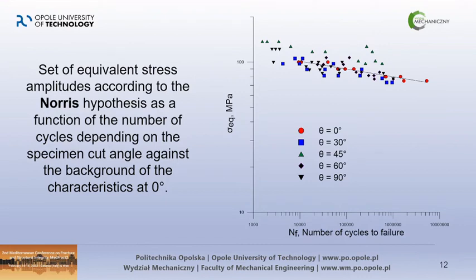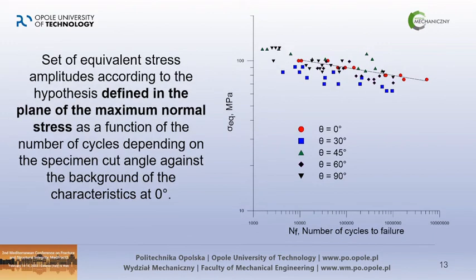Here exactly the same analysis has been done, but for the Norris hypothesis. And here you can see a very similar solution. Also for the case of the 45 degrees, the obtained results were a little bit too high. And in this case, we have our proposition, which is defined in the plane of maximum normal stress, which would be the critical plane.